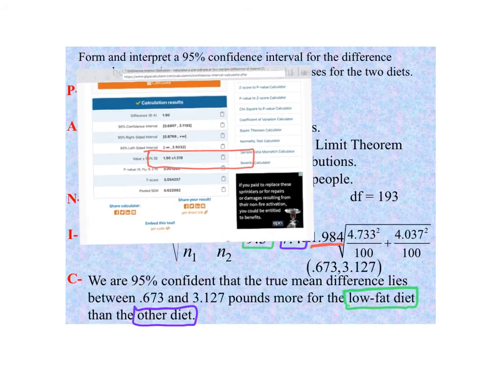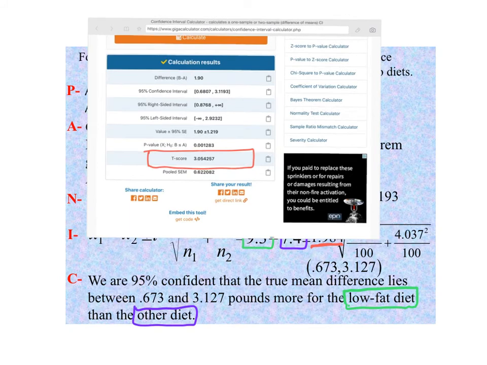Let me go ahead and zoom out. We got 0.673 and 3.127. Not that far off, right? Pretty close. All right, so feel free to use this calculator for this assignment specifically.